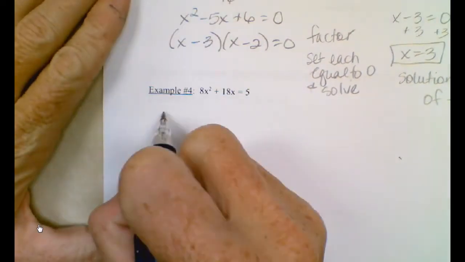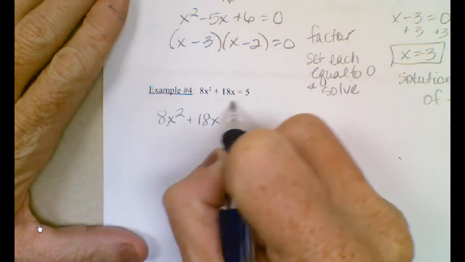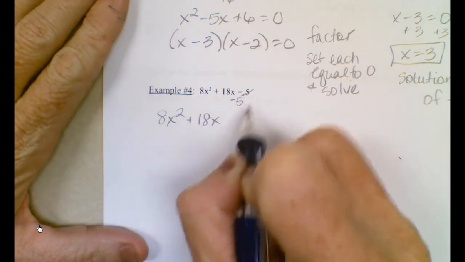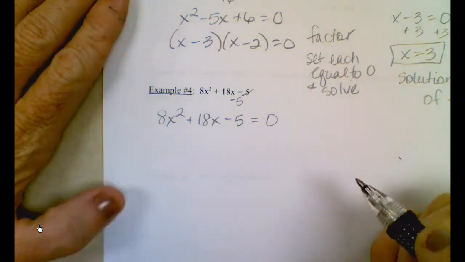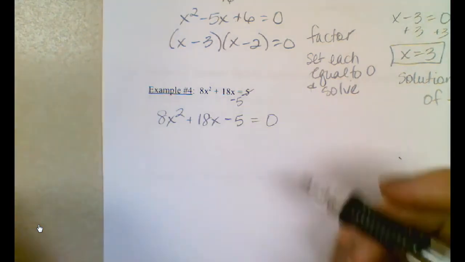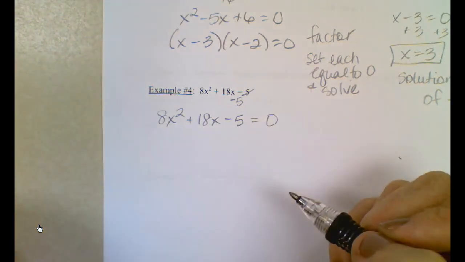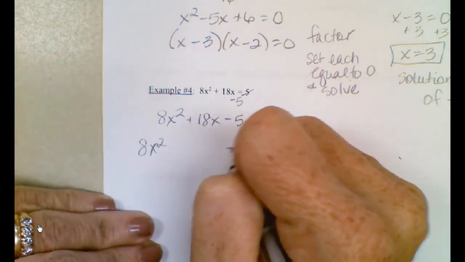All right, let's go down and do example 4. So we have 8x squared plus 18x. I'm going to have to move that 5 over to the other side, so it's going to become negative 5 equals 0. And what am I going to do? I'm going to try factor by grouping, because I don't really use that one very much. So 8x squared minus 5.